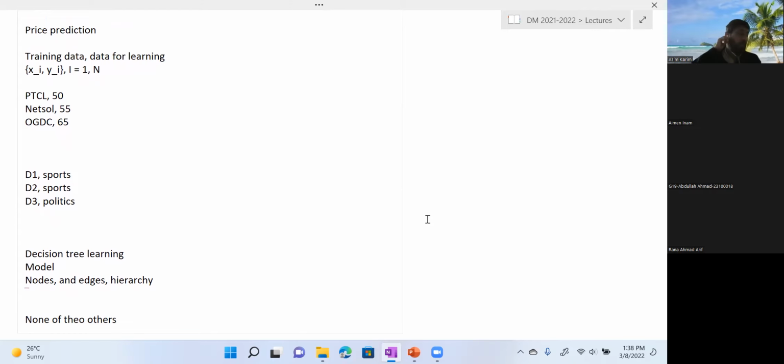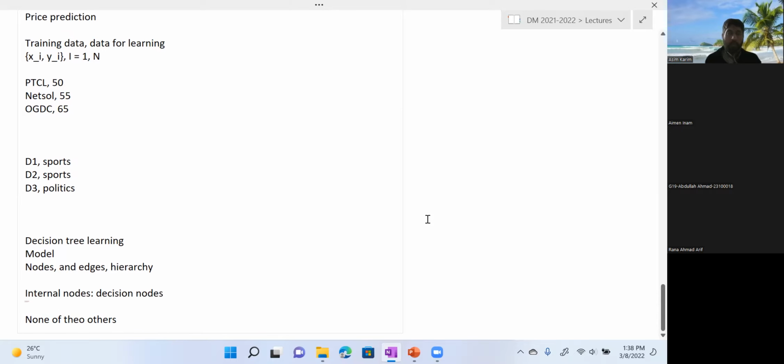And so internal nodes basically are decision nodes. And then the leaf nodes are the class nodes. So basically, once you reach the leaf, that is the label for your particular data set or example.